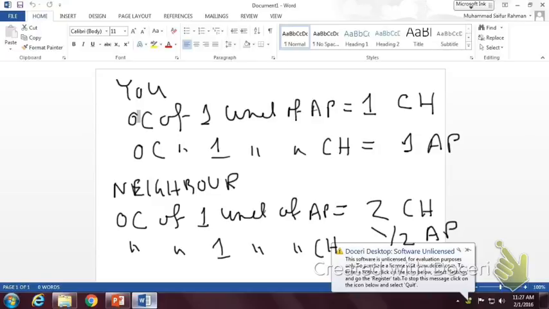Notice that when you look at apples, the opportunity cost of apples for you is 1. The opportunity cost of apples for your neighbor is 2. So you have a lower opportunity cost in picking apples. Do we all see that? So the theory of comparative advantage tells us that you have a comparative advantage in the production of apples.